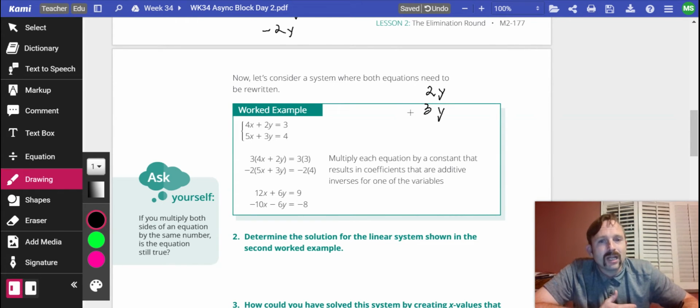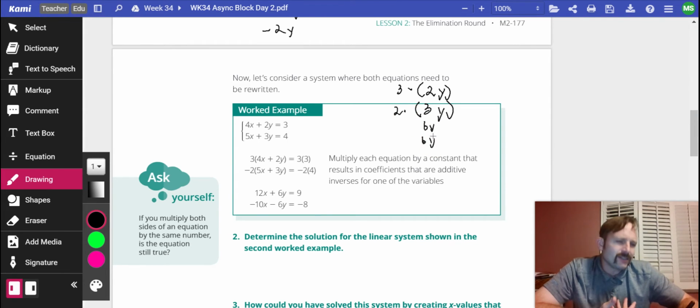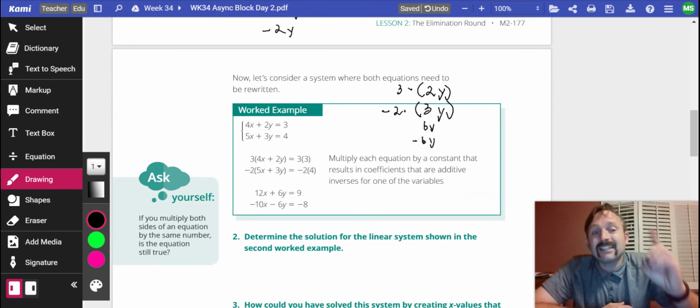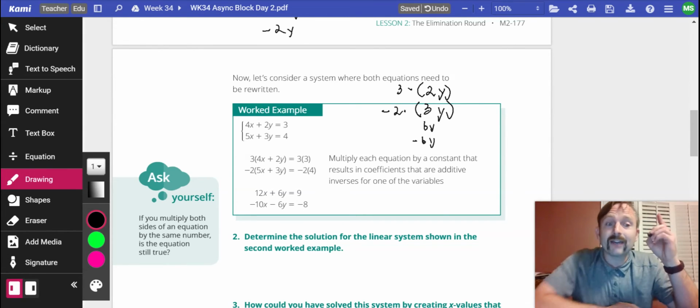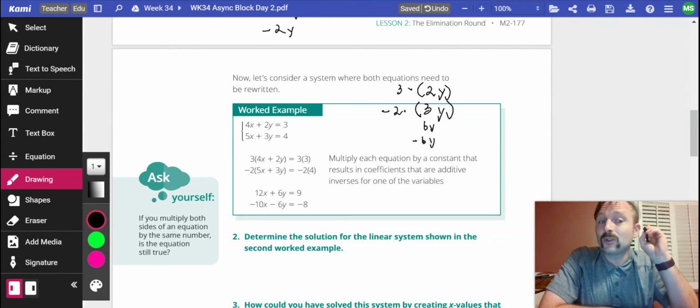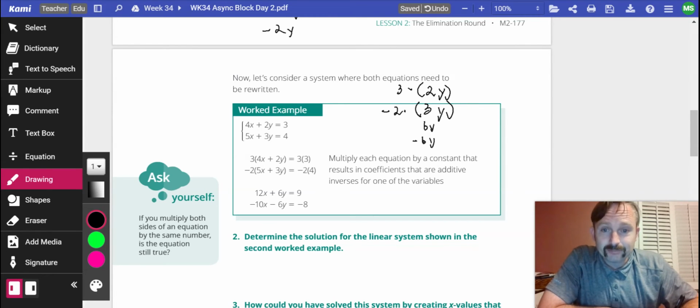But we can multiply one of these by the opposite coefficient. So I can multiply this 2y by 3, and I can multiply this 3y by 2, and that will give me 6y and 6y. Oh, wait a second. They have to be additive inverses, so one of them has to be negative. That's why we're going to multiply by -2, and this becomes -6. But remember, it's an equation, so we have to multiply that 3 to everything in the equation, and we have to multiply -2 to everything in the equation.